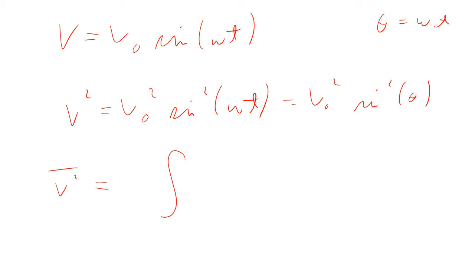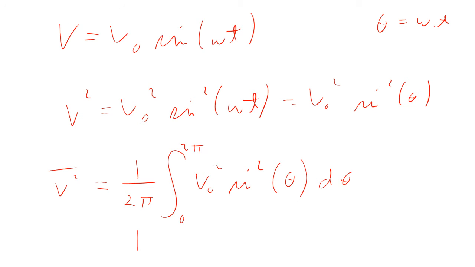So the range would be the integral of v squared sine squared of theta d theta, and I want to go from 0 to 2 pi, but it's going to be 1 over the range. So 1 over the range times the integral across the range of a function gives the average value of it. We remember that from the mean value theorem of calculus.